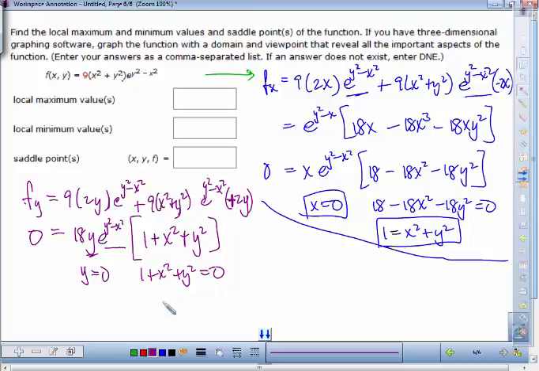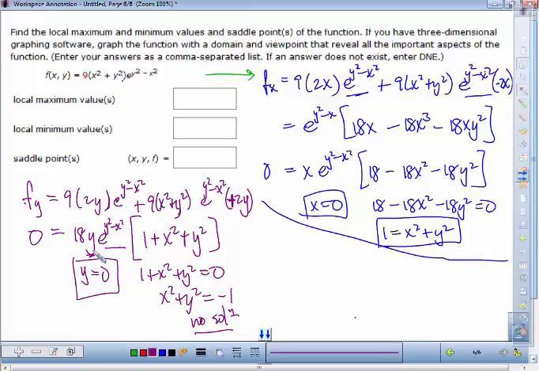Now, if I move things around, I'm going to get x squared plus y squared equals negative 1. Since the left-hand side is all positive, I'm never going to get this to work. So this has no solutions here. So it looks like I just have this.